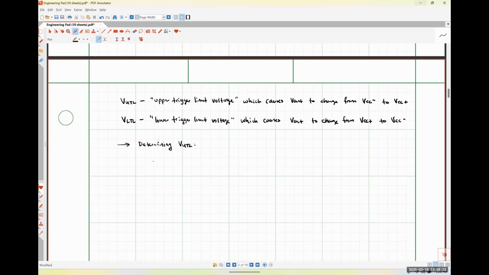First, we have to assume that V out is equal to VCC minus. So this is where our output voltage is starting at, and we're trying to see what's going to cause it to switch over to VCC plus.